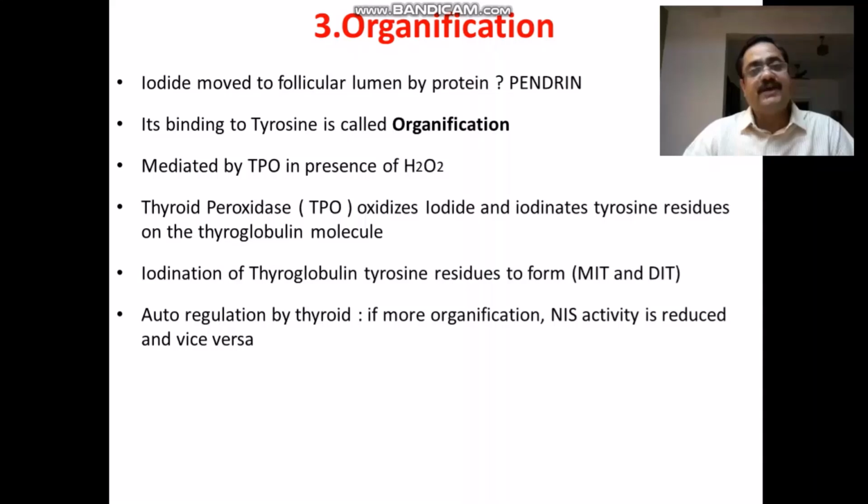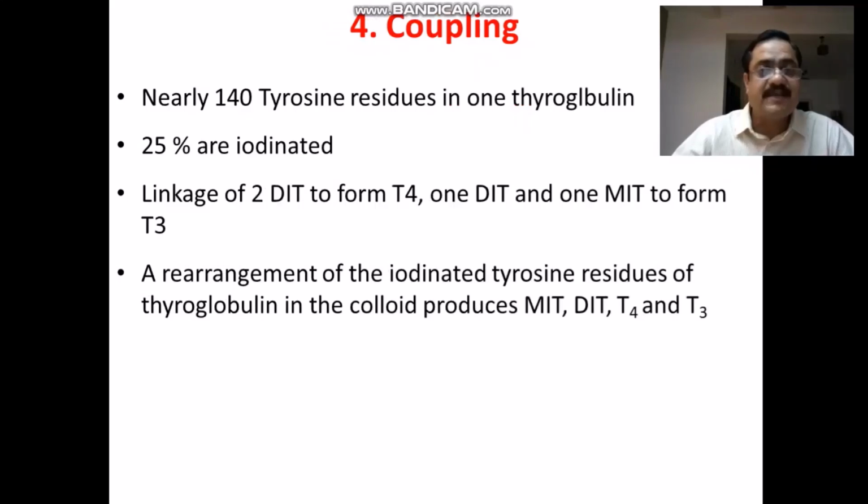Now, iodination of tyrosine residues leads to formation of MIT and DIT, that is monoiodotyrosine and diiodotyrosine. Autoregulation by thyroid gland: if more organification occurs, NIS activity is reduced. And if the organification is reduced, NIS activity is increased. So this is a cycle.